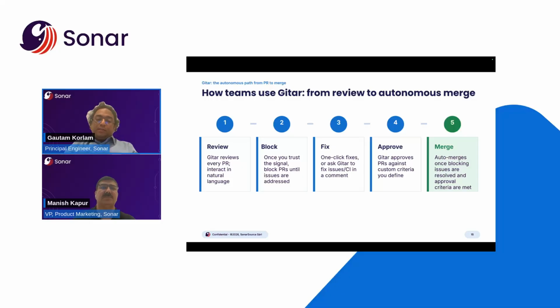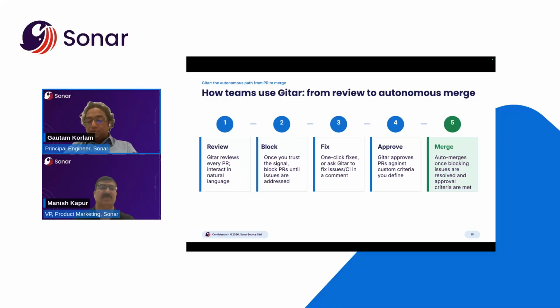And we also see fix, which is once people understand that the suggestions themselves are actually very relevant, you are able to, on the suggestion, click a little checkbox and apply the fix immediately. Or you can ask Gitar in natural language. As CI failures happen or issues pop up, you can ask Gitar to fix those issues. And these might not even be issues that Gitar points out.